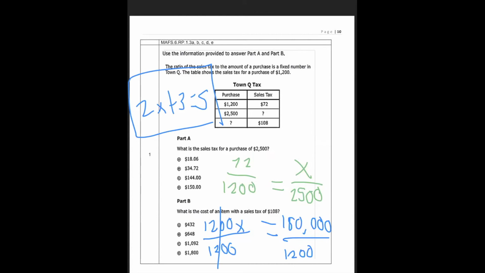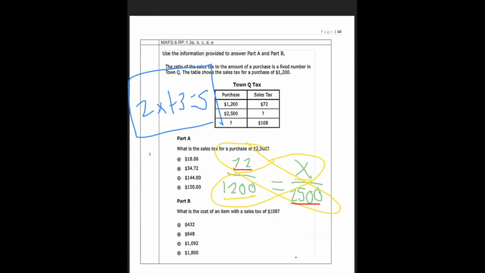So in order to get rid of the fractions, we cross multiply. In cross multiplying, all you do is multiply the diagonals every time. So it would be 1,200 times x, and then 72 times 2,500. The equal sign stays in the same place.